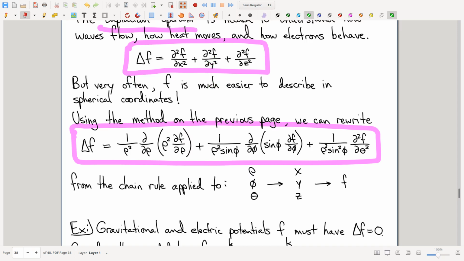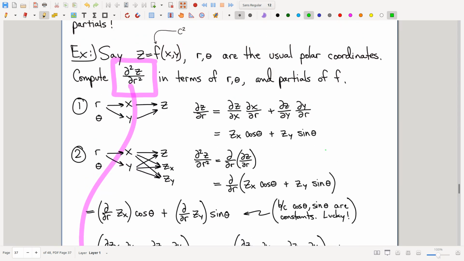In particular, let's start and think about what is the second partial of f with respect to theta. And check it out, we're back to this page. We're back to trying to understand partials, higher order partials, in terms of new coordinates like r and theta. I did polar here. It's spherical on the next page, right? But second partials with respect to non-rectangular coordinates.